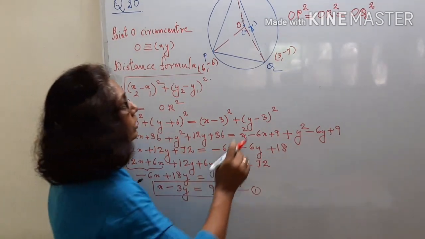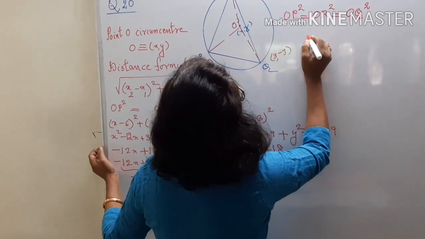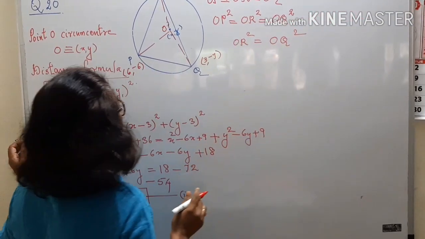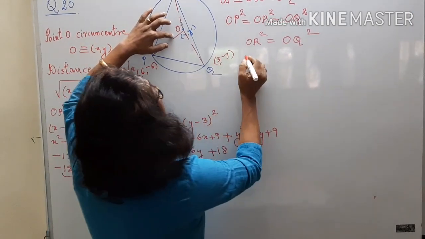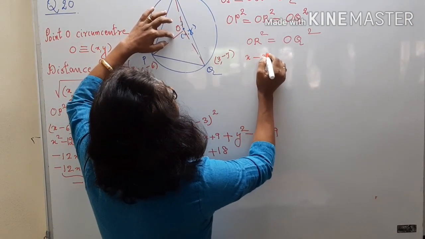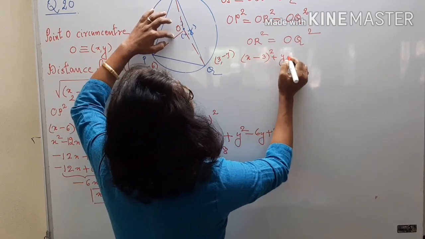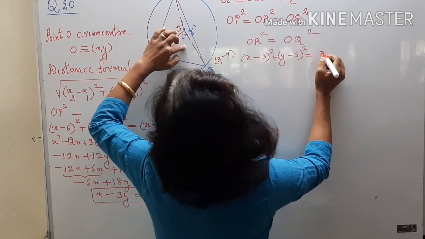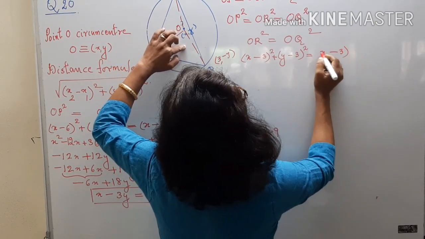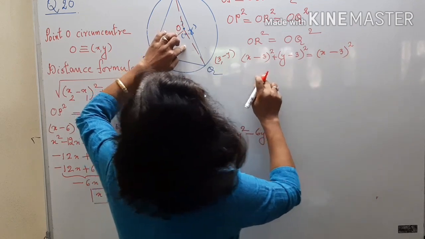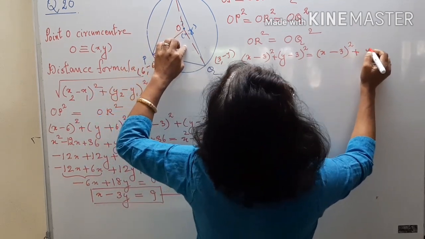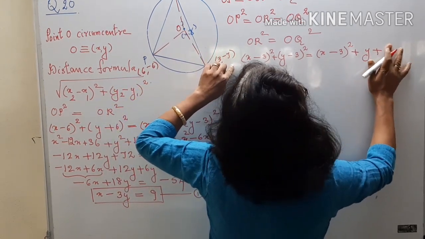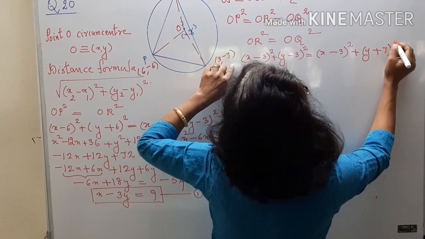We can also calculate OR square is equal to OQ square. So, OR is x minus 3 the whole square plus y minus 3 the whole square is equal to x minus 3 the whole square plus y minus of minus 7 is plus 10 plus 7 the whole square.